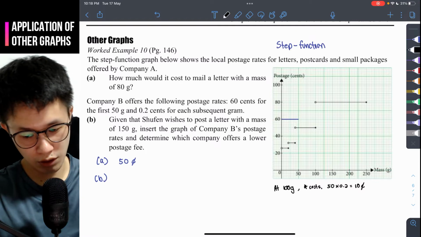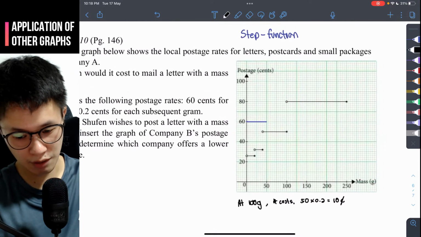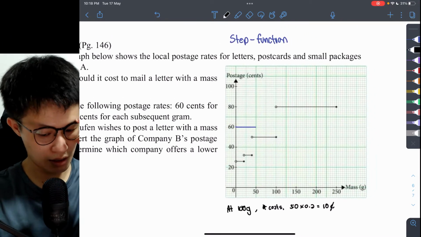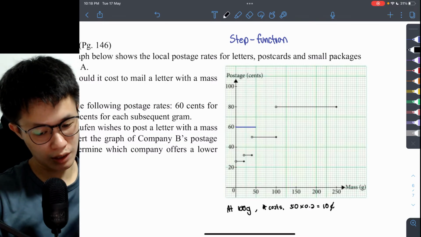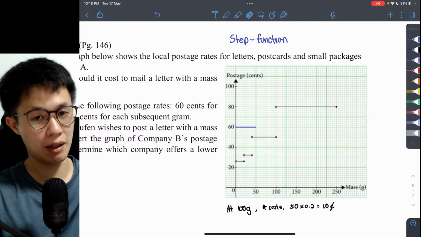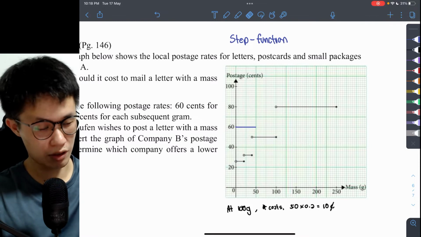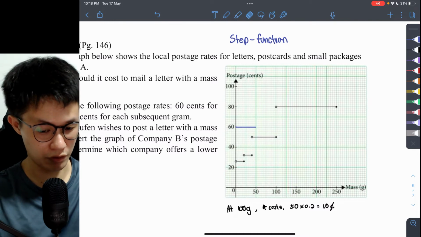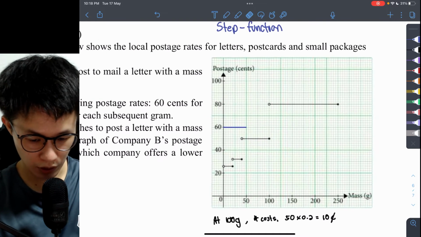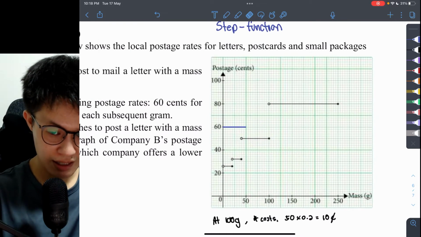So at 100 grams, I'm charged an extra 10 cents. Why is it 10 cents? Because at 100 grams, I pay for my first 50 grams, and my next 50 grams I'm charged at 0.2 cents per gram. So actually it will be a total of 70 cents.